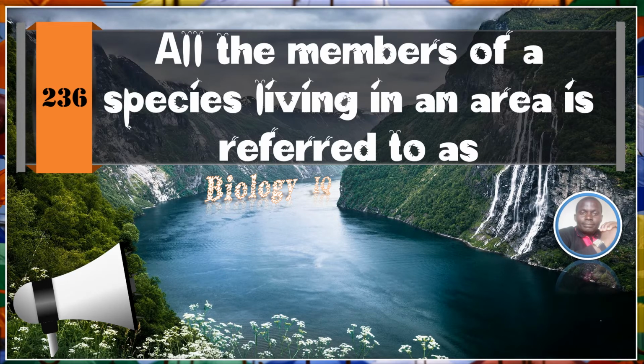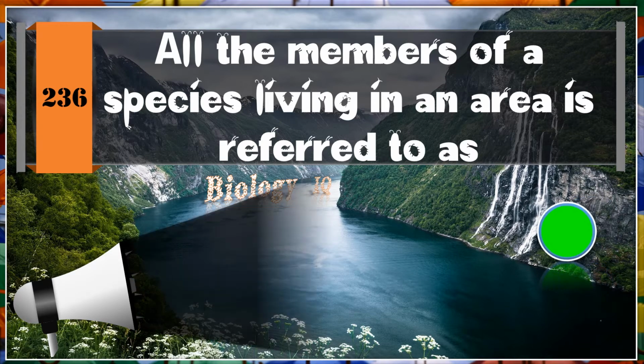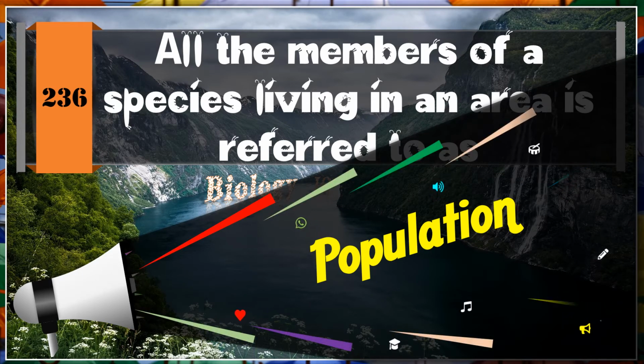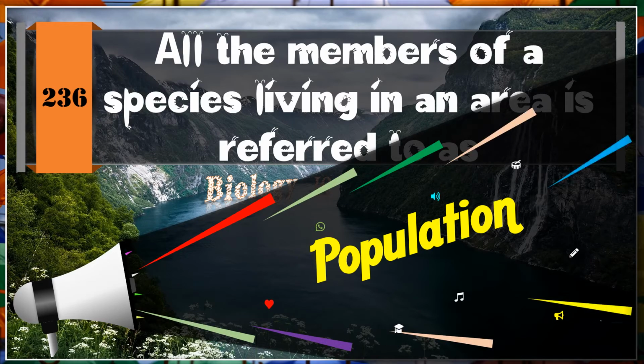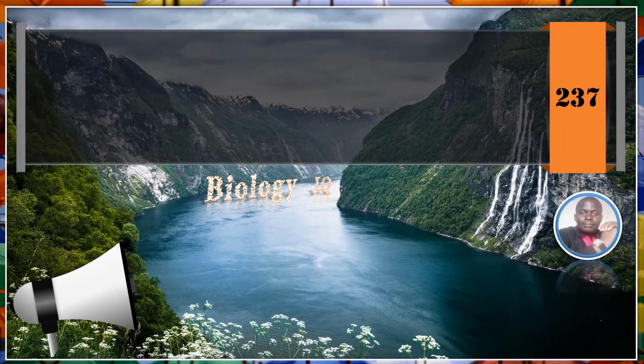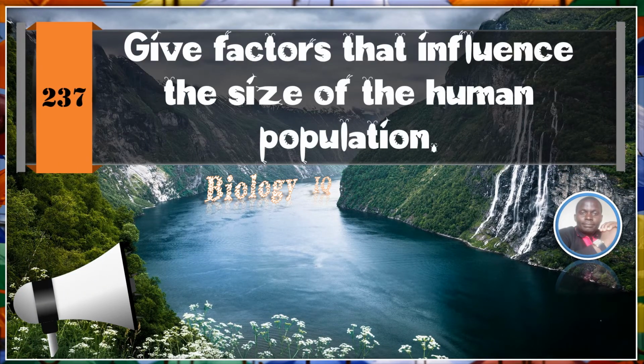All the members of a species living in an area is referred to as population. Give factors that influence the size of the human population.